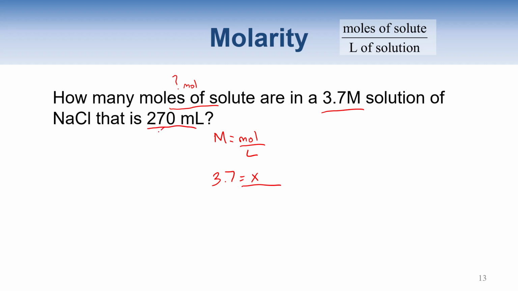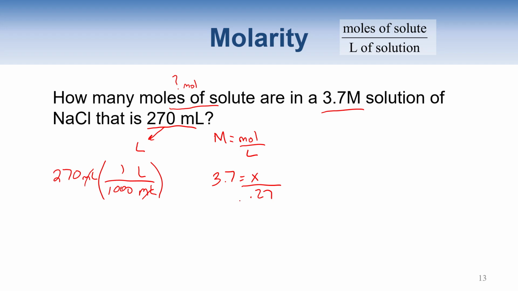So we got to get this guy to liters, 270 mL. Convert this to liters. We put mL on the bottom, liters on the top so that our units can cross off. 1 liter is equal to 1,000 mL. And when we do the division here, we have 0.27.